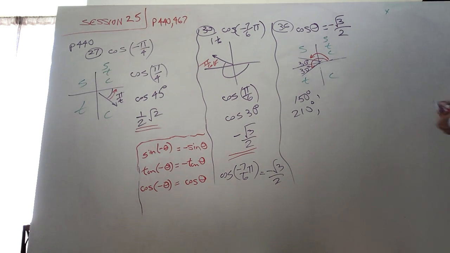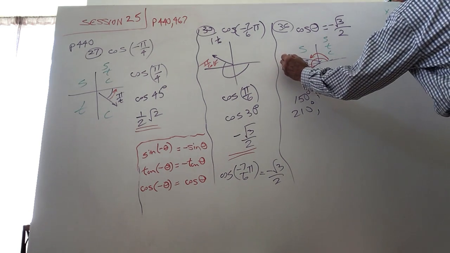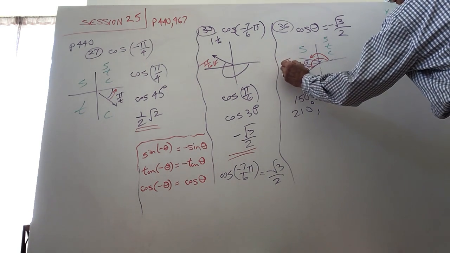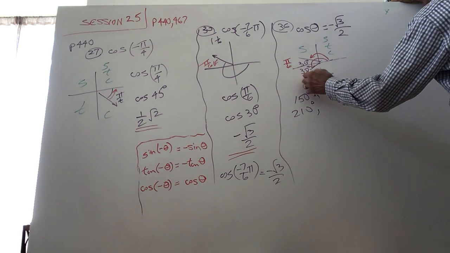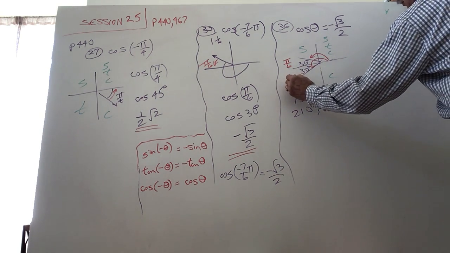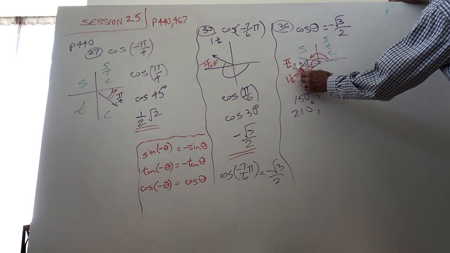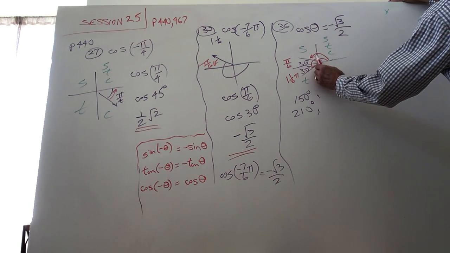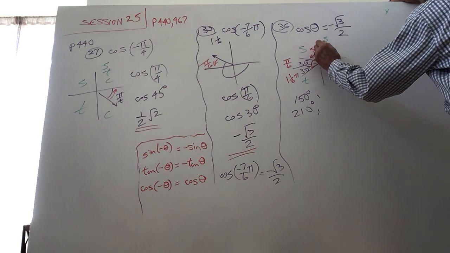We could also do it this way. 30 is pi over 6, I think. And then how about this, pi and one more? How about 1 and 1/6 pi right there, okay? I think that'll work for us. From here to here then, if this is 1/6 pi, the red arc here first would be 5/6 pi, wouldn't it?